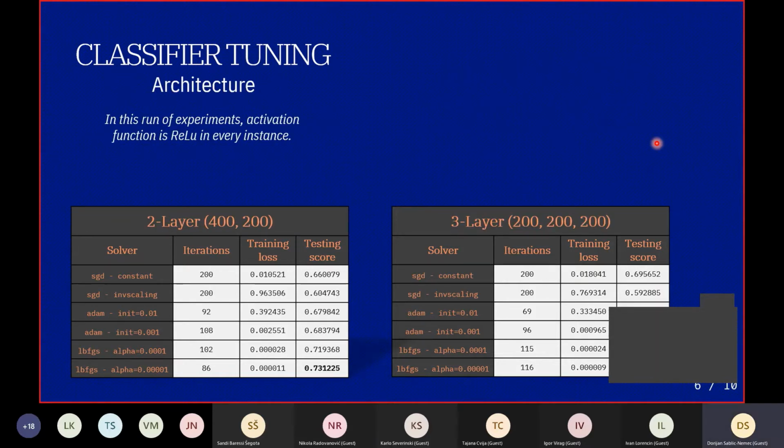In the second stage, the point was architecture tuning and choosing the most suitable solver in regards of higher testing score as in the last run. In this run of experiments, the activation function is ReLU in every instance. First, we ran a neural network with 2 hidden layers, 400 neurons in the first layer, 200 in the latter, after which we ran the 3-layer neural network with 200 neurons in each.